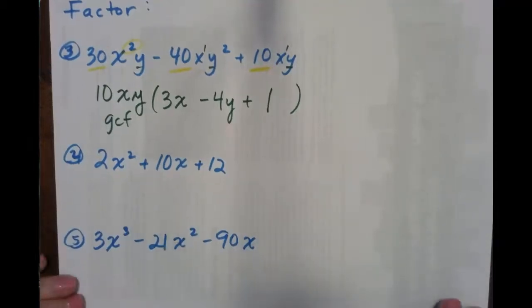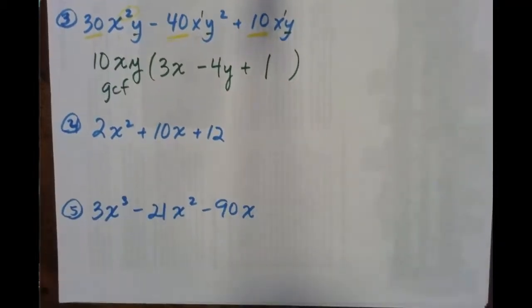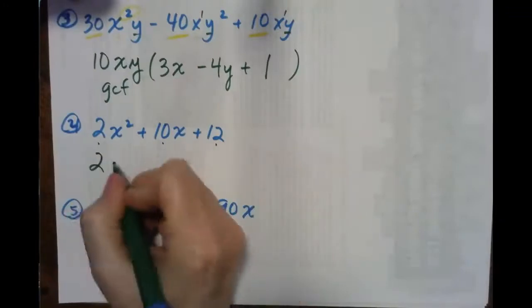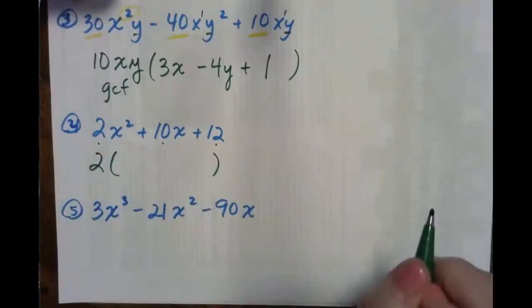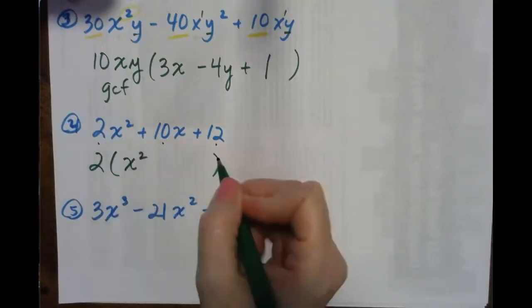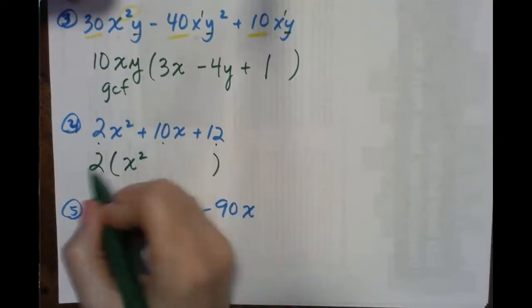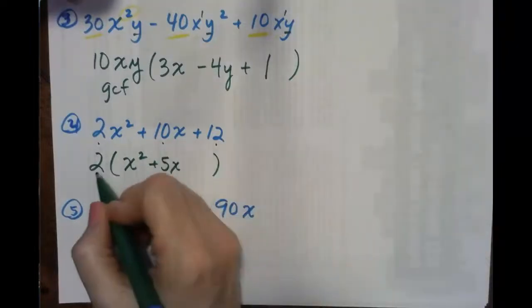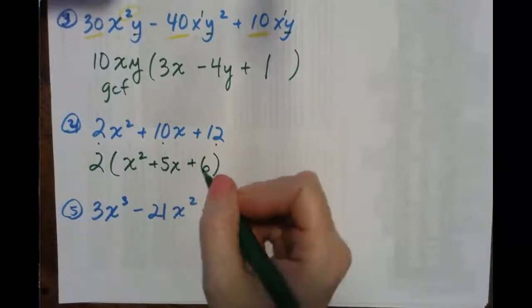Next, number 4. What are we going to do first? We are first always going to look for taking out a GCF. So 2, 10, and 12, all divisible by 2. So we can take out a 2. 2x squared divided by 2 is x squared. Positive 10x divided by 2 is plus 5x. 12 divided by 2 is 6.